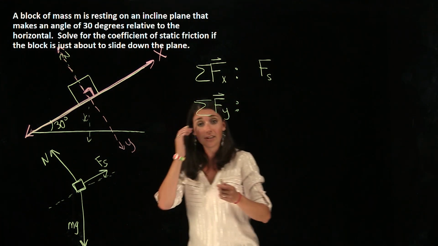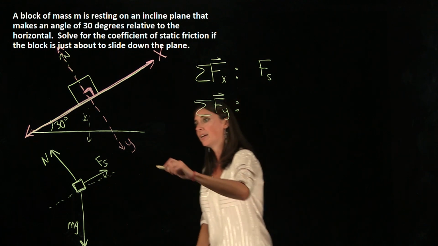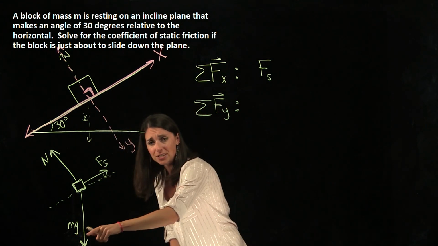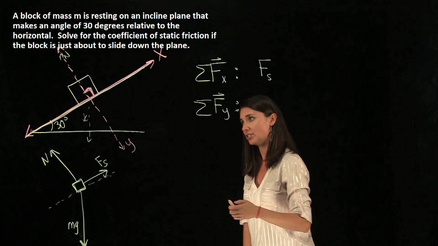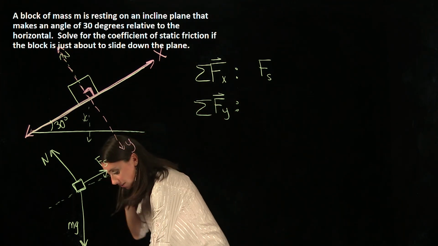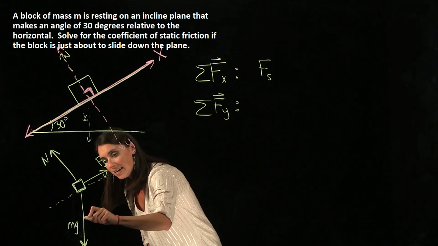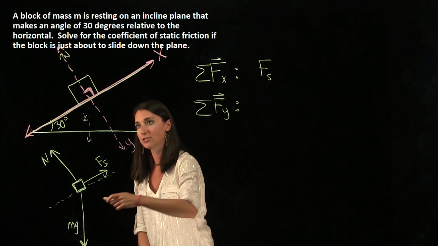So if I look at this in terms of vector components, this is where it gets a little bit tricky. I know that my force is mg, and I want to know how much of that force really contributes in the x direction and in the y direction. So we draw this little, I call it the gravity component triangle, okay? And it represents what the component vectors are for this particular force.